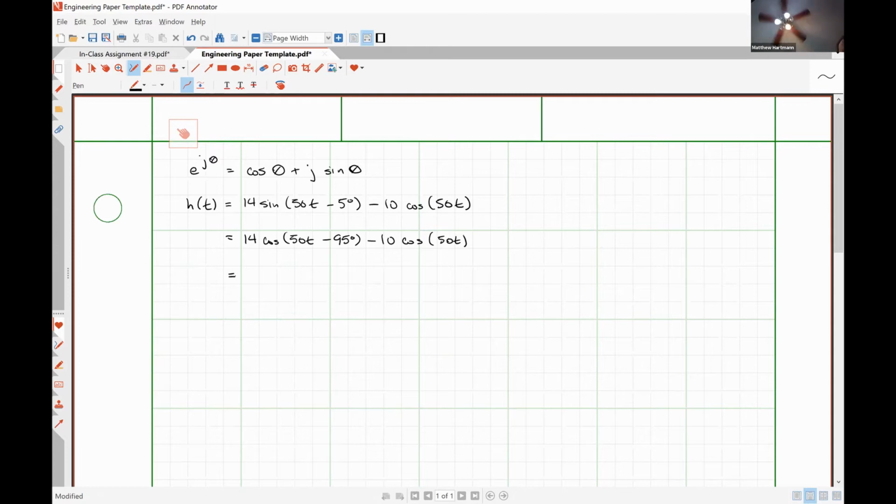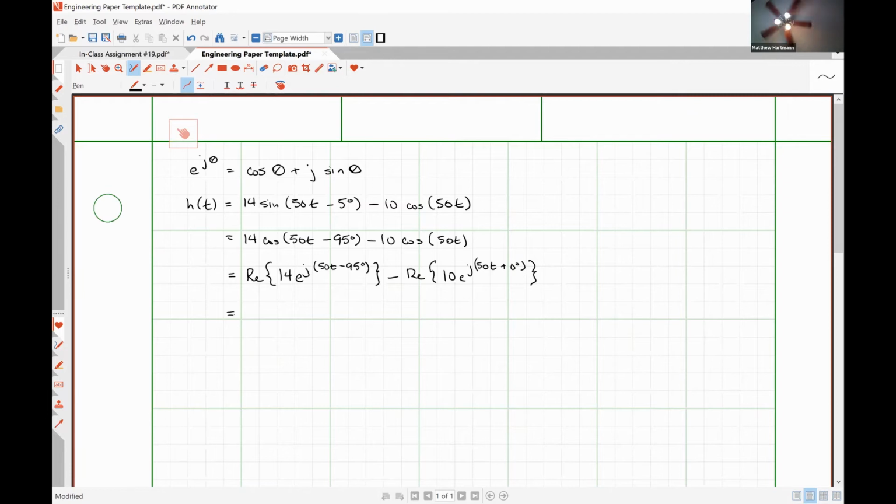I can say that 14 cosine is the real part of the complex number 14 e to the j 50t minus 95 degrees, minus the real part of 10 e to the j 50t plus 0 degrees, to be clear.